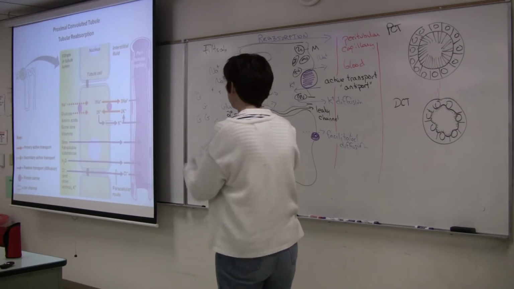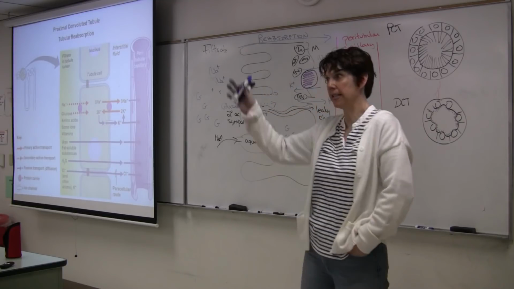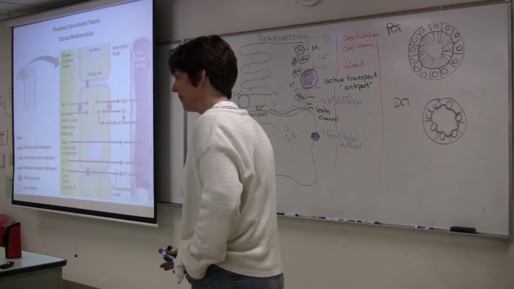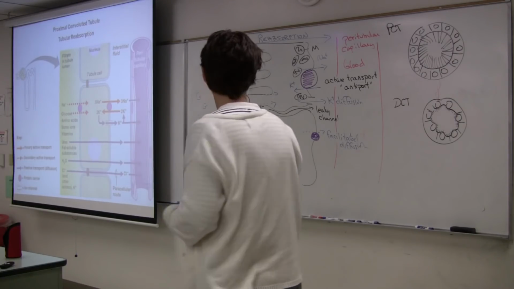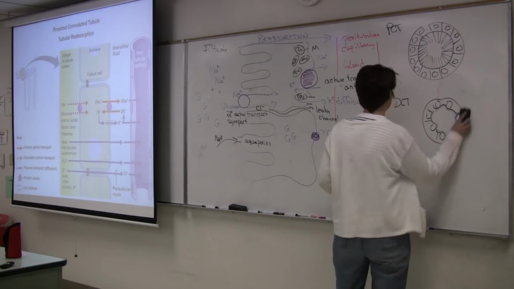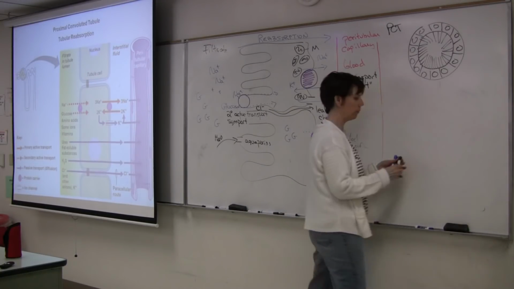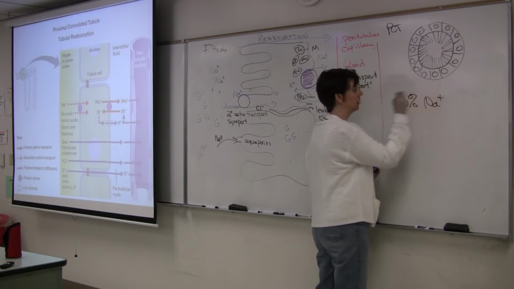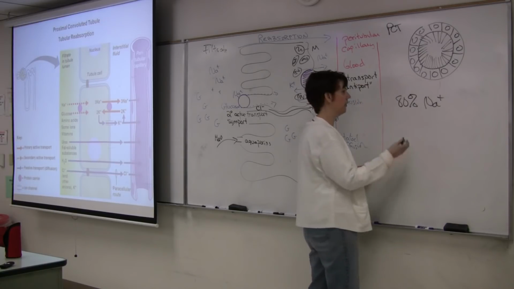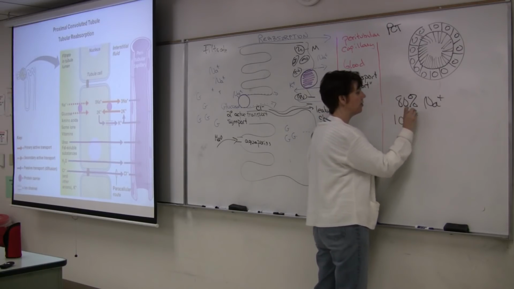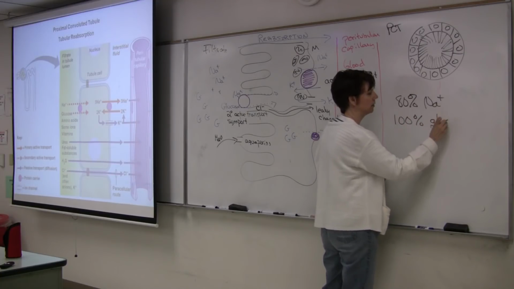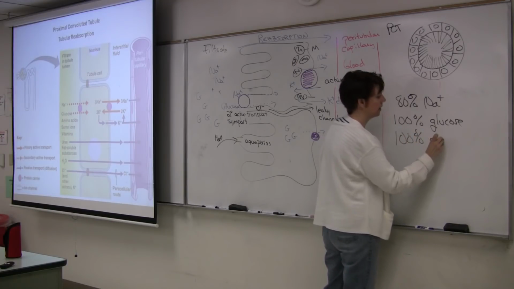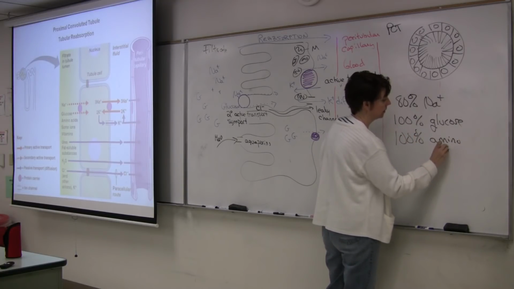So by the time the filtrate has passed through the proximal convoluted tubule, in a normal situation, 80% of the sodium ions should have been removed, and a similar percentage of the chloride ions too, for that matter. 100% of glucose, 100% of amino acids.